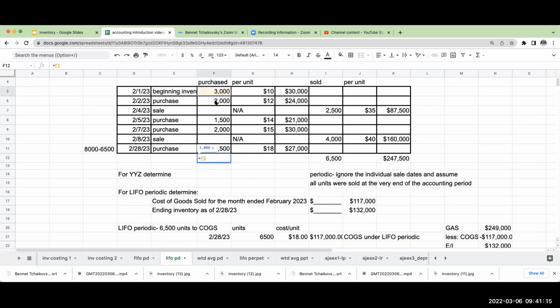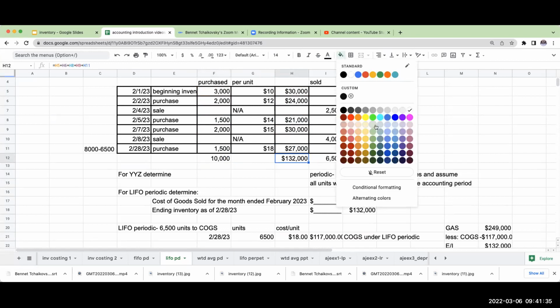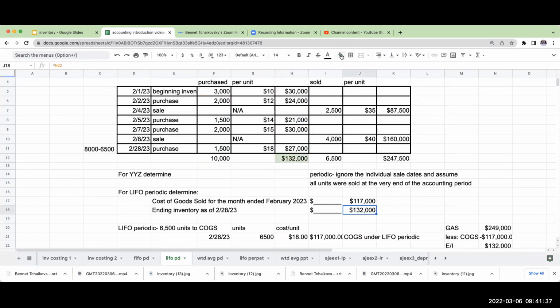If I add up my beginning plus all my purchases plus what is left from my February 28th purchase, I get 10,000 units. What's the cost of these 10,000 units? 30, 24, 21, 30, and 27 is going to be 132,000. Oh, this is the same number that's right over here. Isn't that exciting?